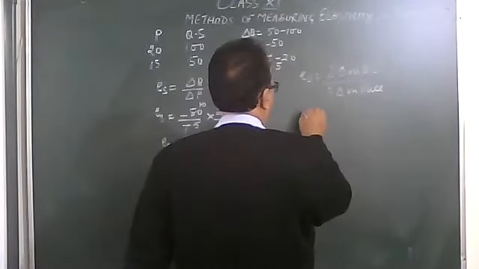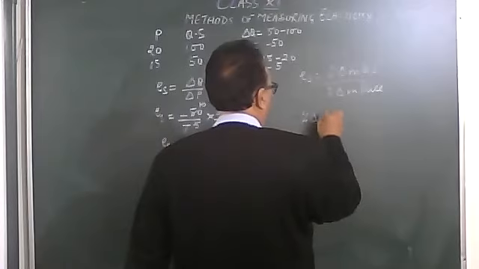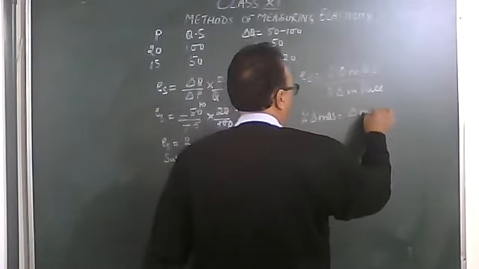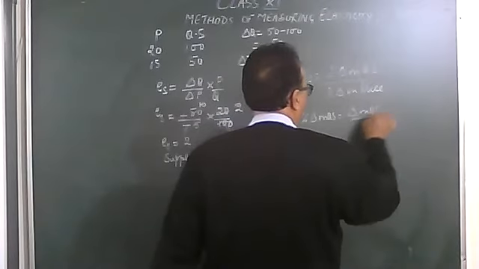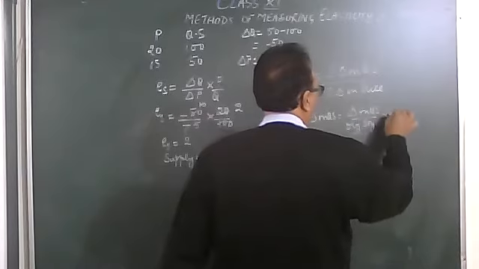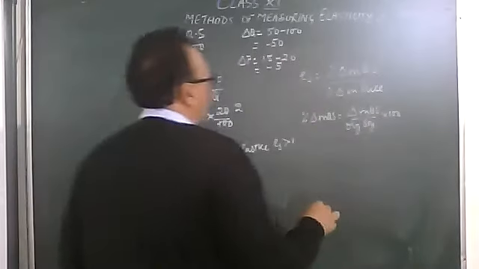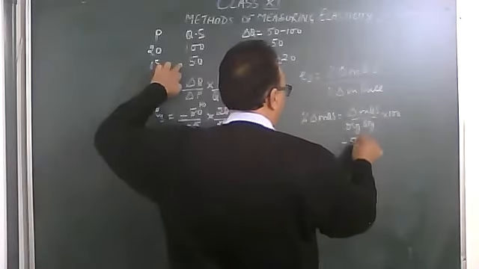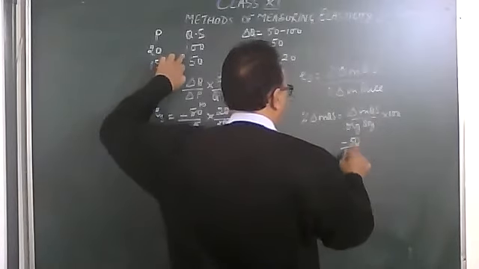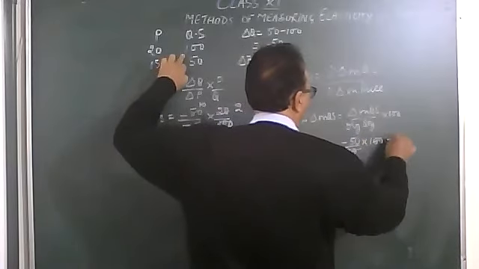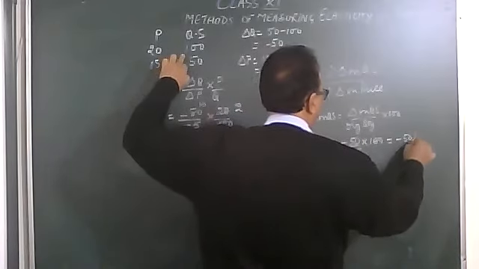Percentage change in quantity supplied is equal to change in quantity upon original quantity into 100. Change in quantity is minus 50 upon original quantity 100 into 100, that is minus 50%.